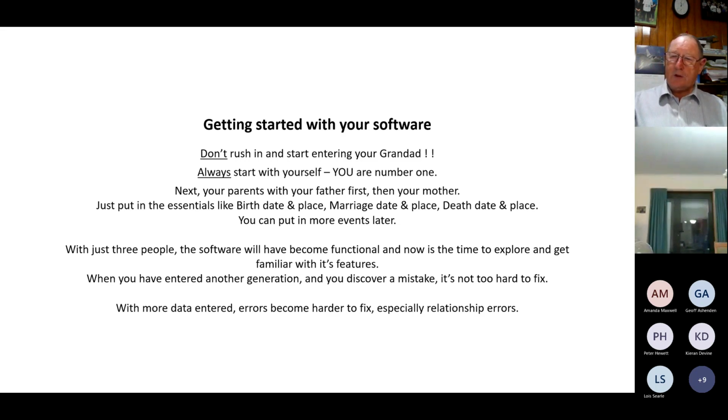When you have entered another generation and you discover a mistake, it's not too hard to fix. With more data entered, errors become harder to fix, especially relationship errors. And that's probably where most people end up needing some help.